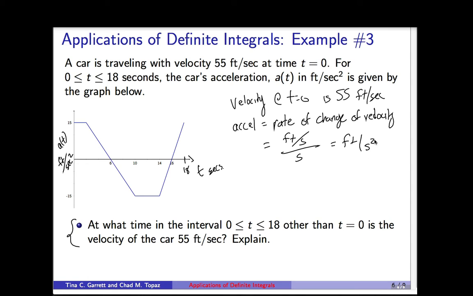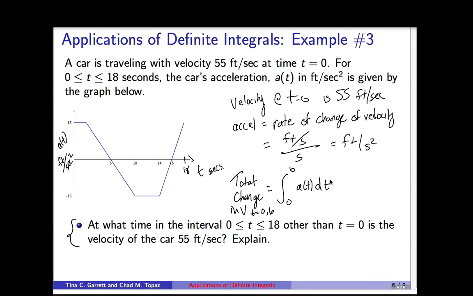That's acceleration. So what's the total change in velocity? That should be an integral of acceleration. So the total change in velocity, let's say from t equals 0 to 6, would give us that.